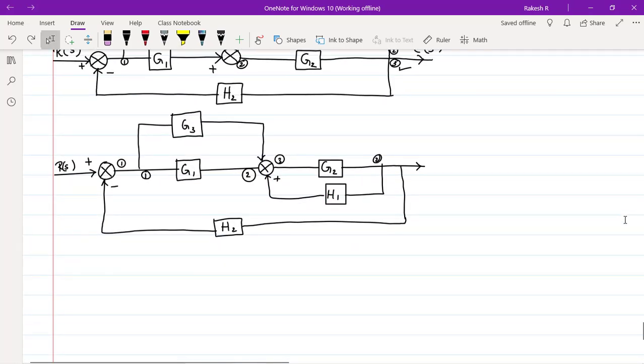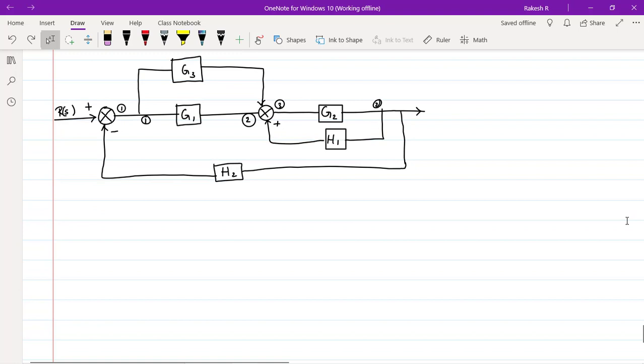Now what I'll do, now checking with these two, first check whether we have any blocks in series or any blocks in parallel here. Checking with these two blocks, G1 and G3 here, these two blocks are now in parallel. So reduce this one first.